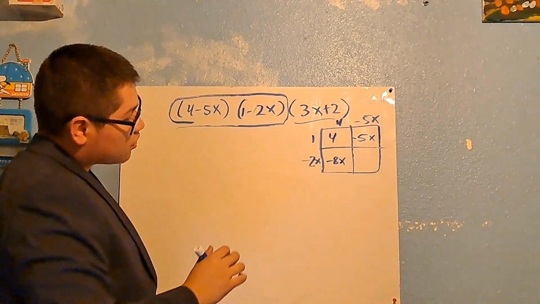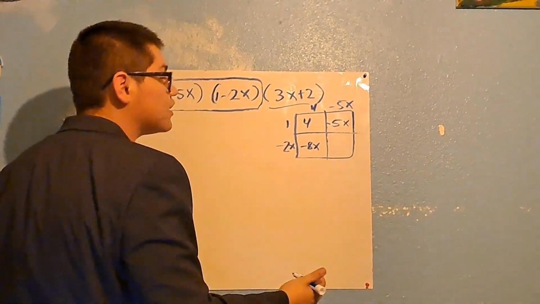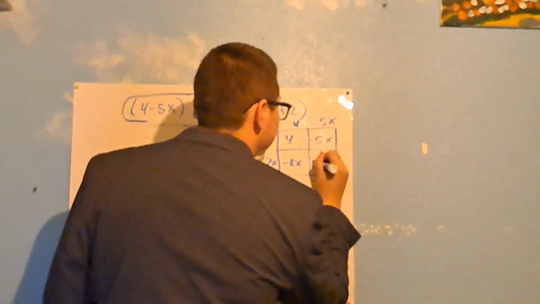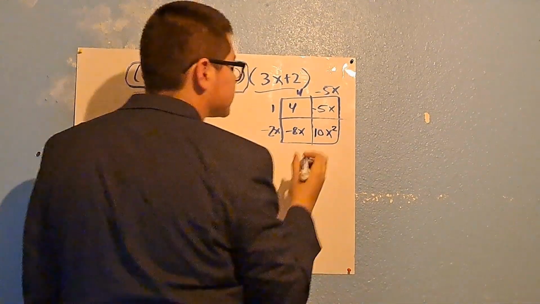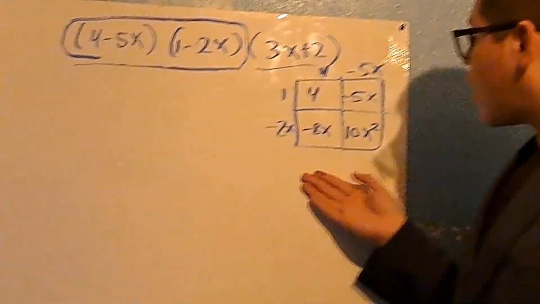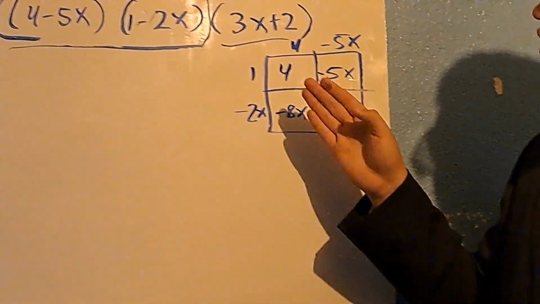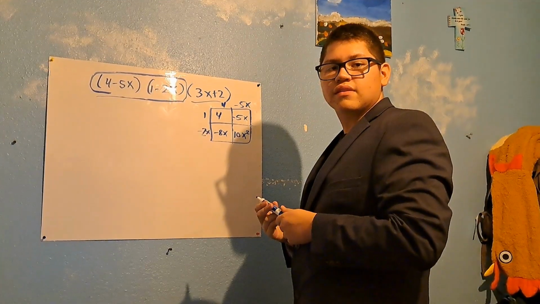After this, we do our two negatives. Negative times a negative is a positive, so 5 times 2 is 10x, and because there are two x's, it would be 10x squared. Now we have our problem: 4, negative 5x, negative 8x, and 10x squared.